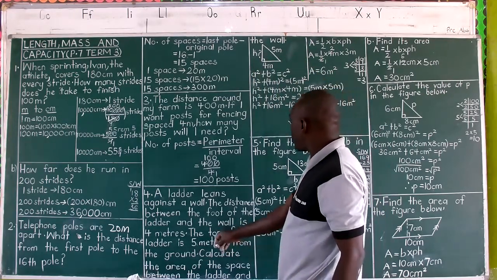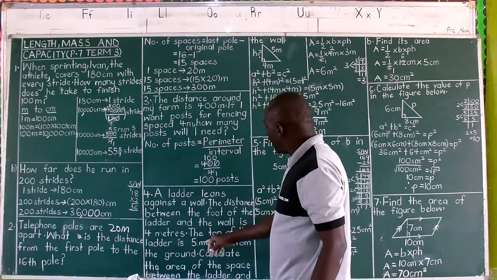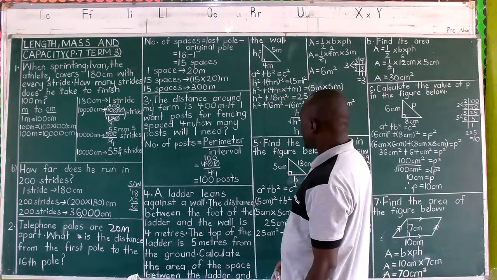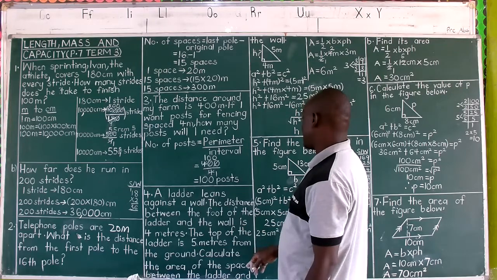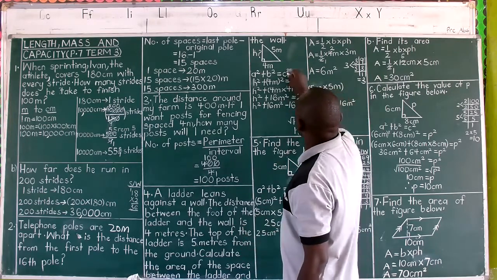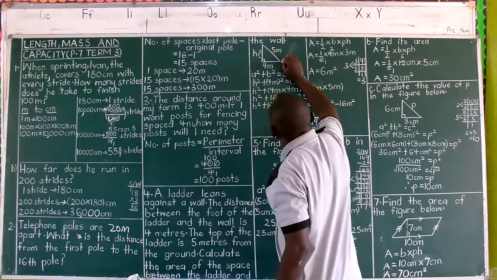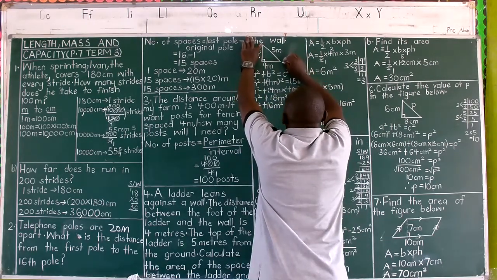And then the top of the ladder is 5 meters from the ground. So the top is here and this is the ground. So the top of the ladder is 5 meters from the ground.